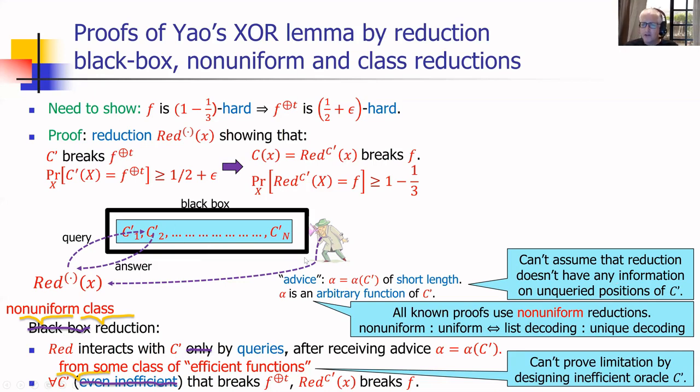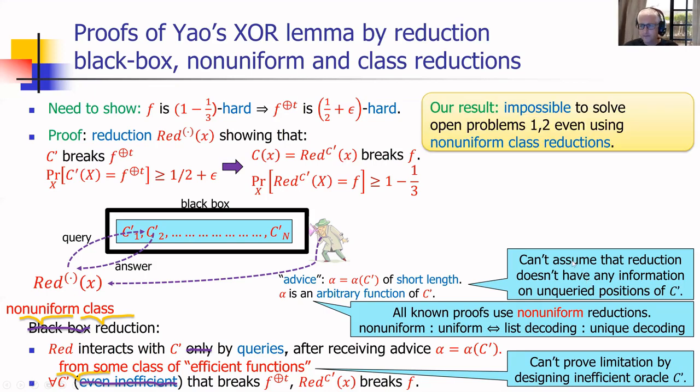This is because this shady looking character in a raincoat is able, even in a 1 bit advice string, to send the XOR of all the positions in the truth table. So the reduction may get a little bit of information on every bit of the truth table, and we can't assume that the reduction doesn't have any information on unqueried positions, which is what we usually like to assume when we're proving black box lower bounds.